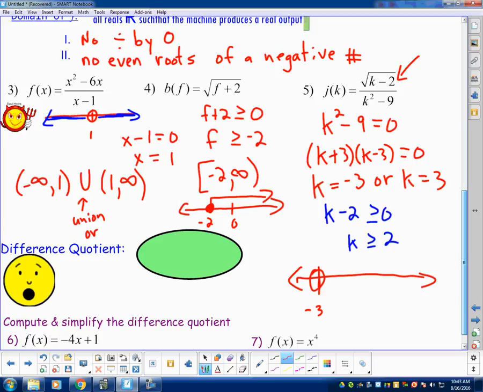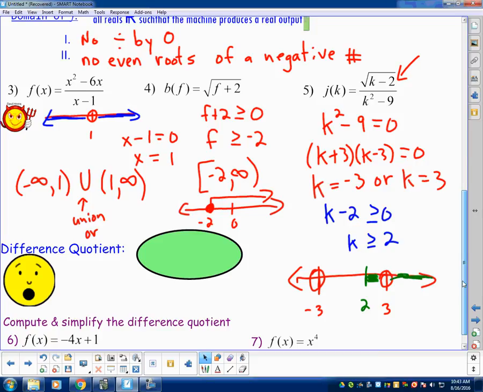I also have an open circle over at 3. But I'm also restricting it a little bit more in that I'm saying that it must be greater than or equal to 2. So I'm shading all this stuff to the right of 2, but not that open circle.